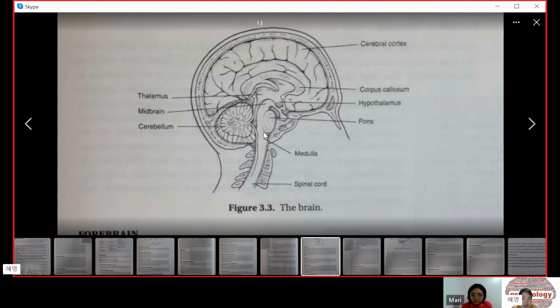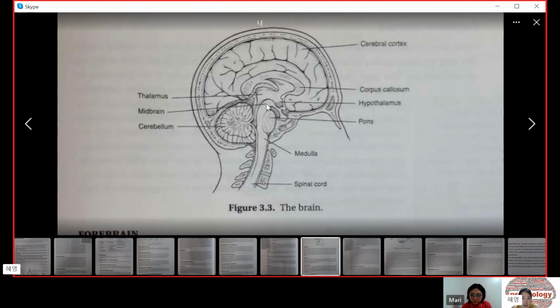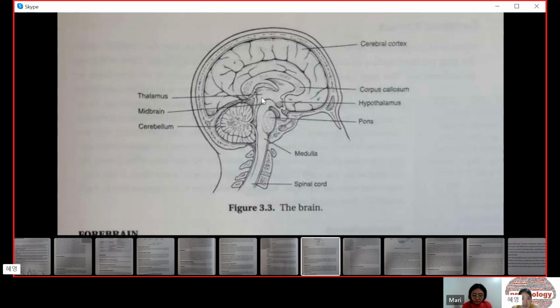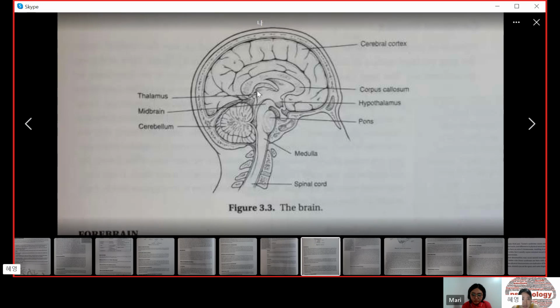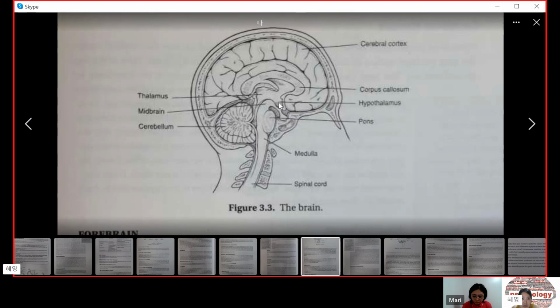And here, on the upper side, there is the pons. And it connects the midbrain and the medulla and spinal cord. And there is the midbrain. This is midbrain. And then here, above the midbrain, we just say the brain, but actually this part is the thalamus. The left part is the thalamus and the right part is the hypothalamus.